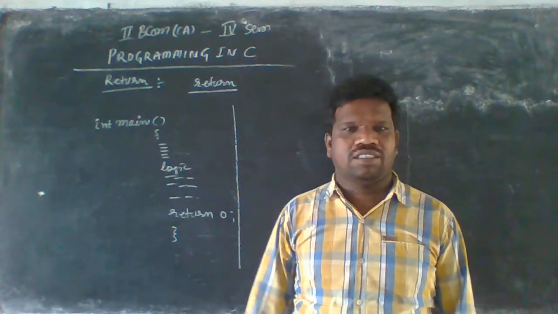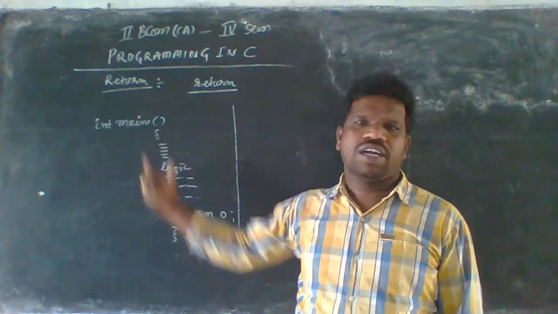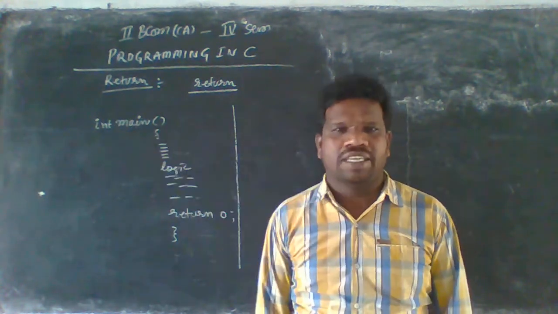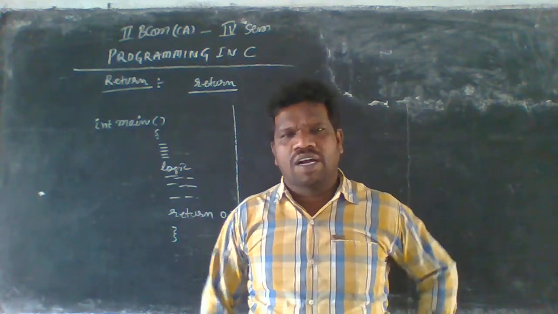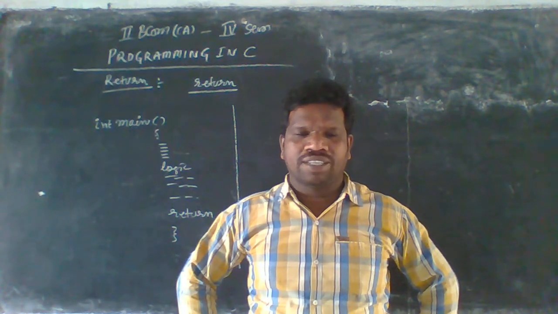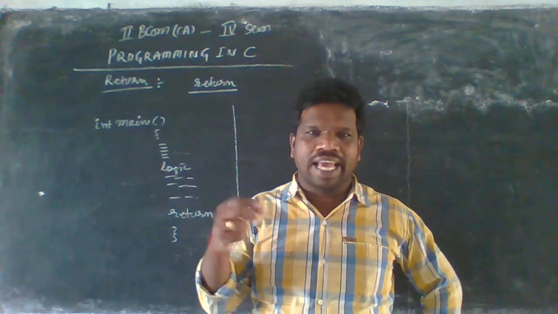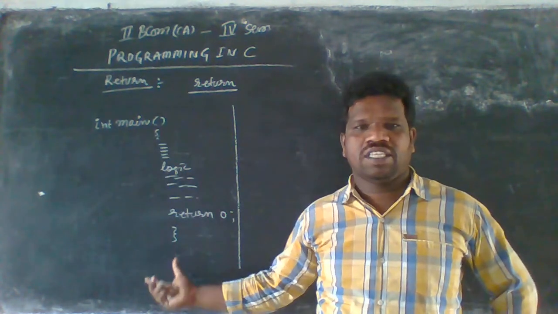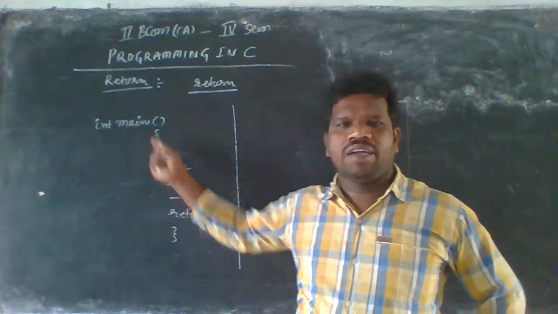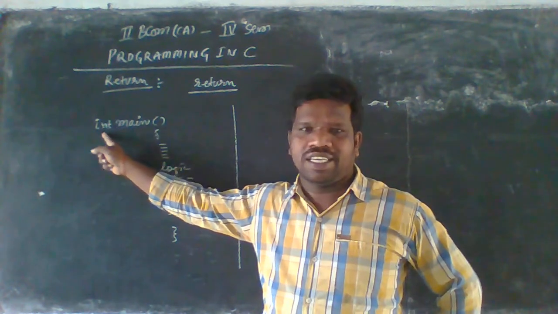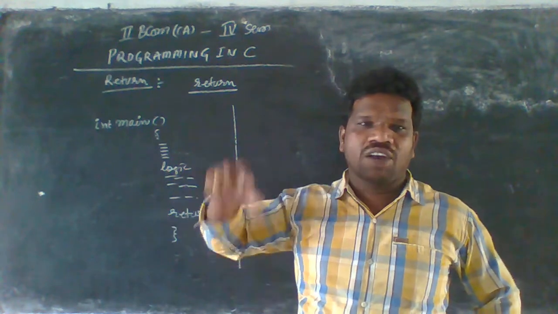So when we are using different types of compilers while implementing C programs, all these compilers can accept this type of situation: return is 0 and main's return type is int, and you have to write the return 0 at the end of your function.